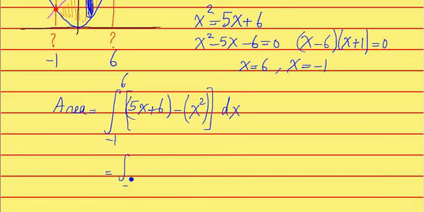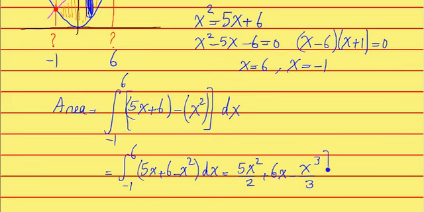I have the integral from -1 to 6 of 5x plus 6 minus x squared. There wasn't much simplification on this step. The integral of that is 5x squared over 2 plus 6x minus x cubed over 3, in which I have to plug in the two numbers -1 and 6.